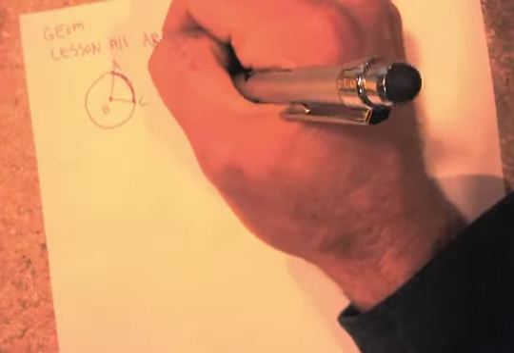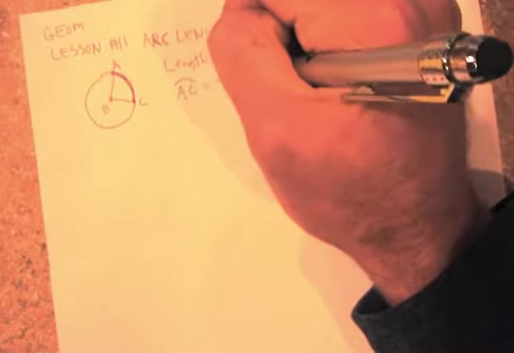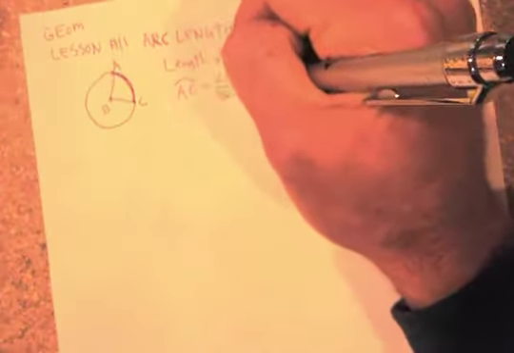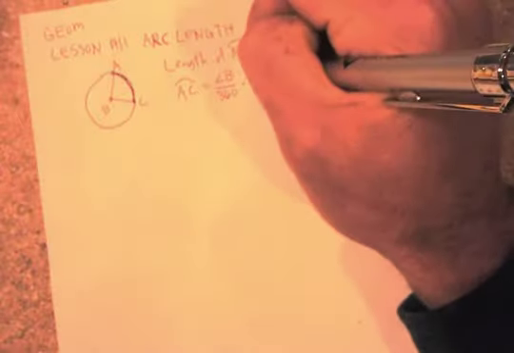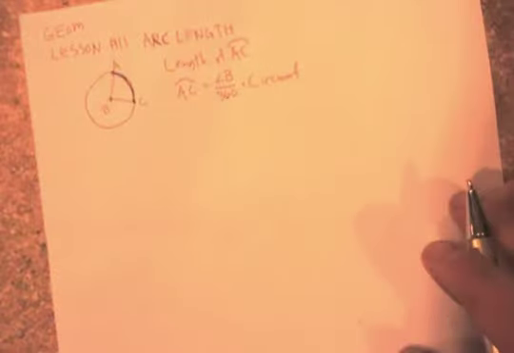So here's the formula. It equals the measure of the angle B, which is the central angle, divided by 360, times the circumference. Okay, so that's the general idea.